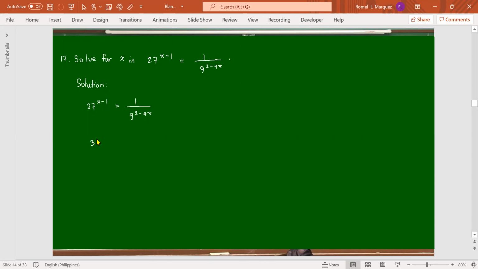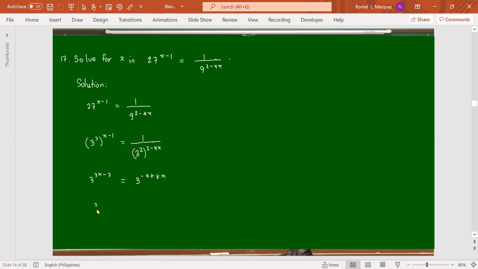So this is 3 cubed raised to x minus 1, and this is 3 squared raised to 2 minus 4x. So getting 3 to the 3x minus 3, and this is equal to 3 to the negative 4 plus 8x, when bringing it up, 3 to the negative 2 multiplied by the exponent.